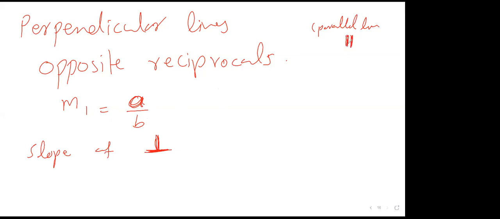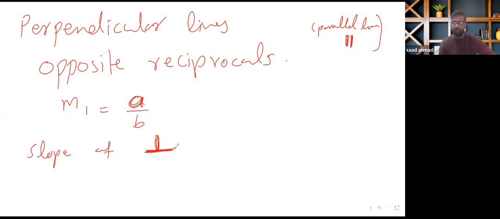Yes, this is the symbol for the perpendicular line. The slope of a perpendicular line will be negative, because it's the opposite. If it is plus, it should be minus. The reciprocal will be b over a.